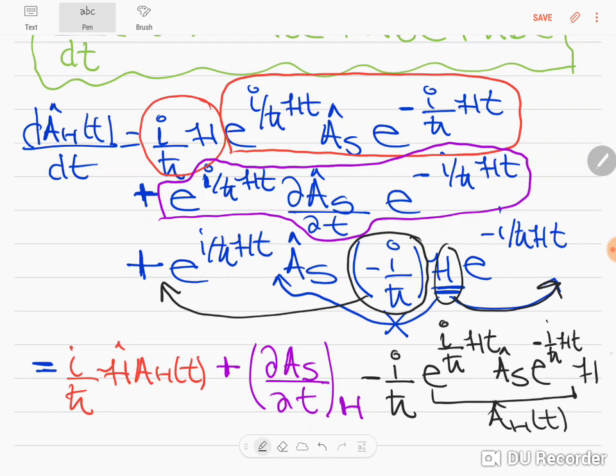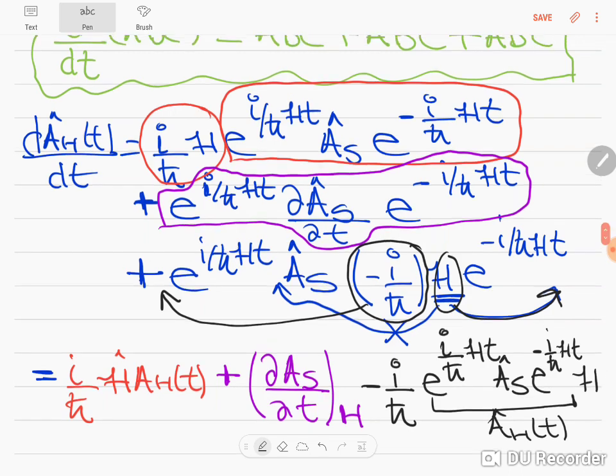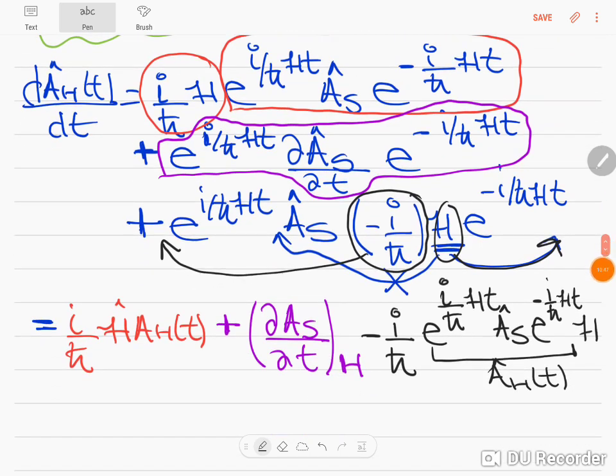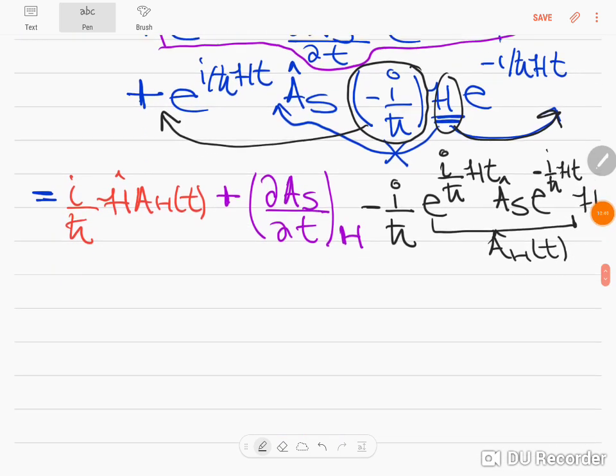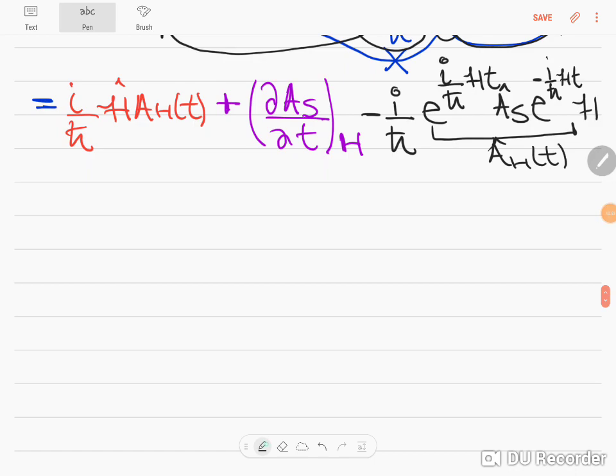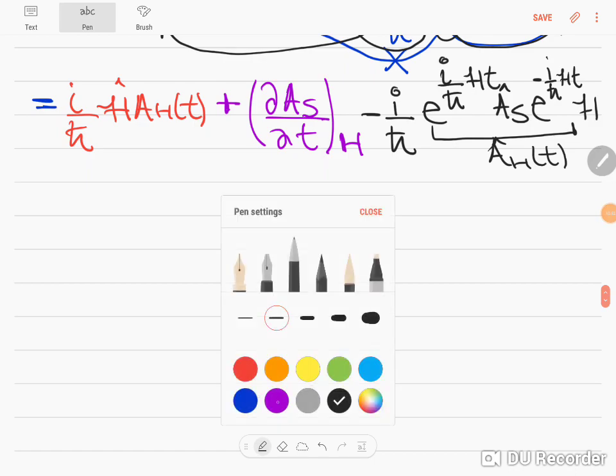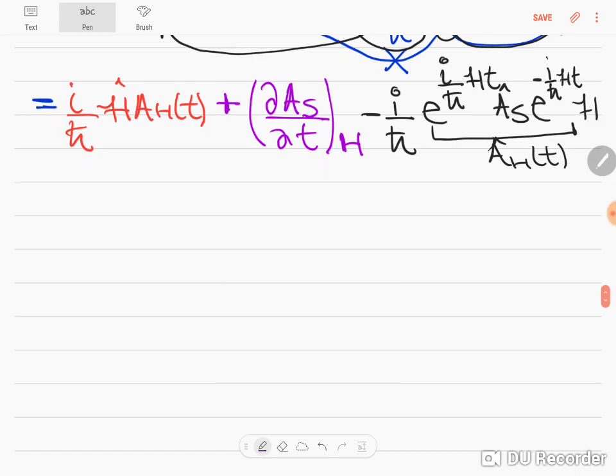Okay, so how is that going to look in the next line? It's going to look like this. Let me just elaborate a little bit. Let's use purple again to close everything here. Just one remark: this term here in the middle is usually 0, since A_S carries no explicit time dependence.